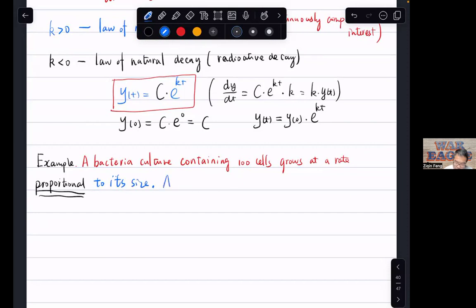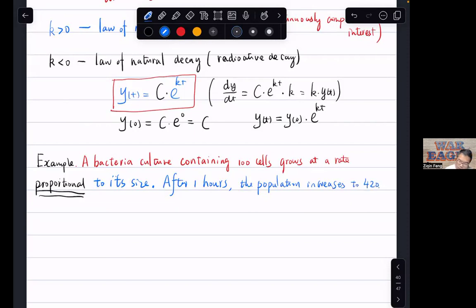Given another condition, after 1 hour the population of the cells increases to 420 cells, right?